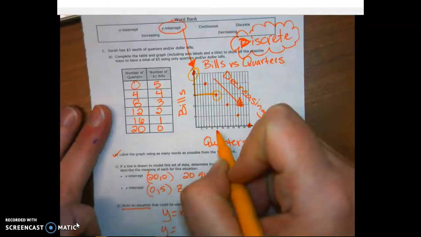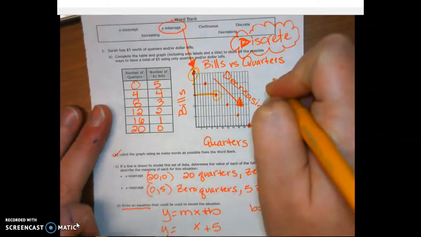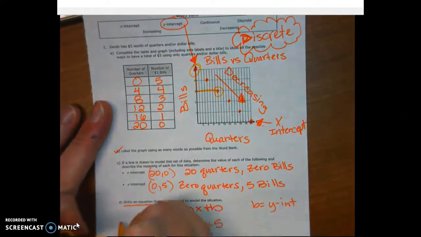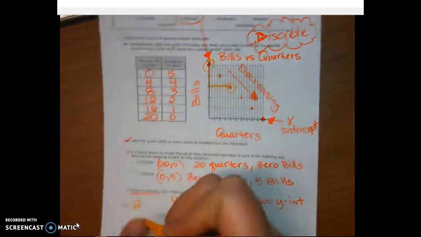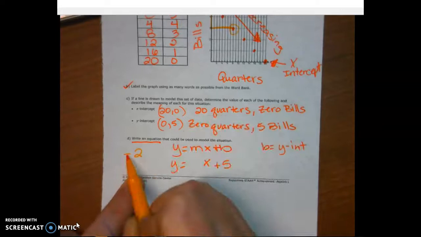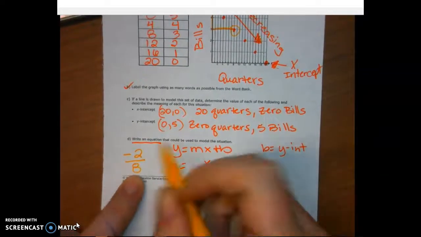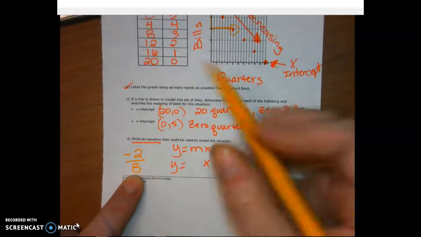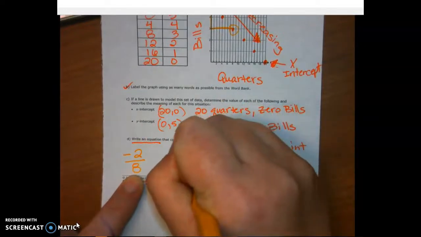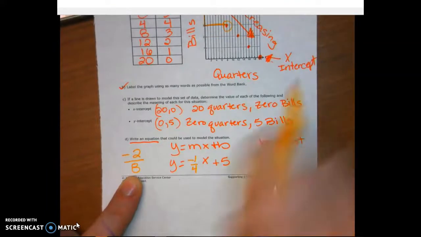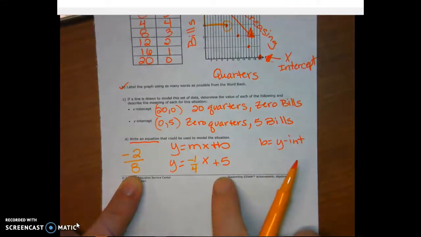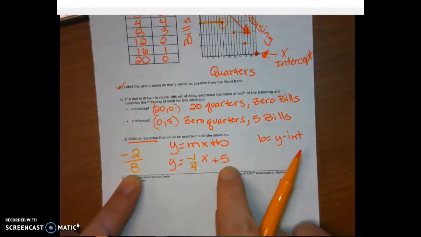What is that, 8? So I went down 2 and over 8. Now if I simplify this, I get negative 1/4. I have negative 1/4 x plus 5, and that is my equation.